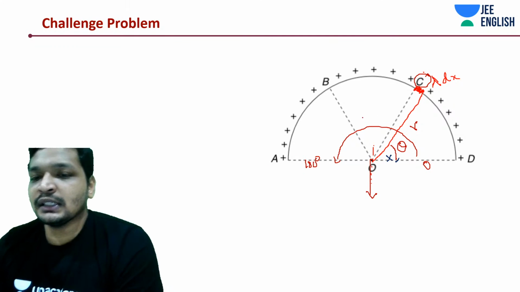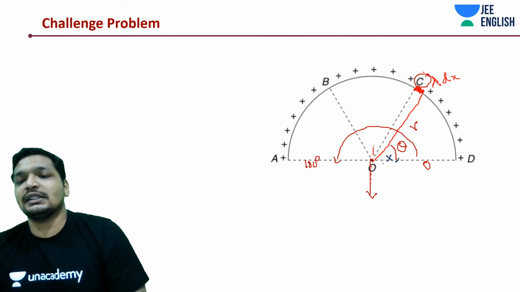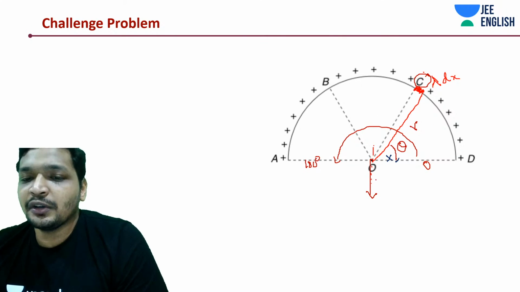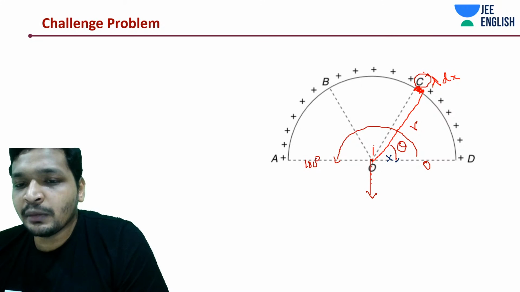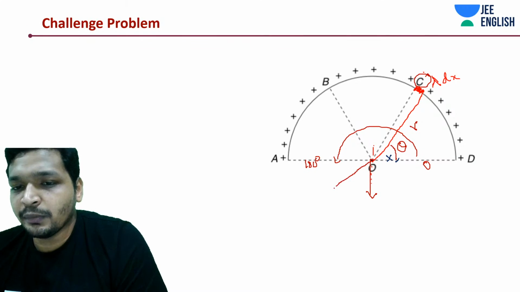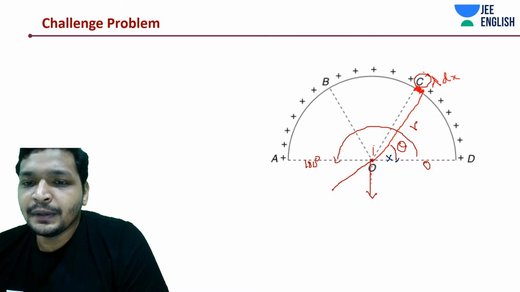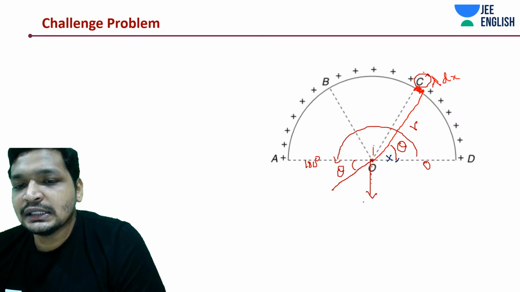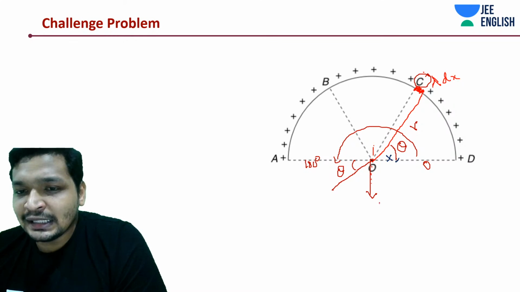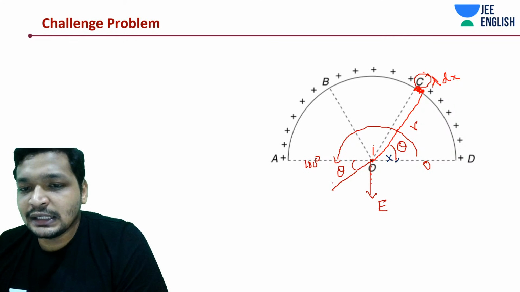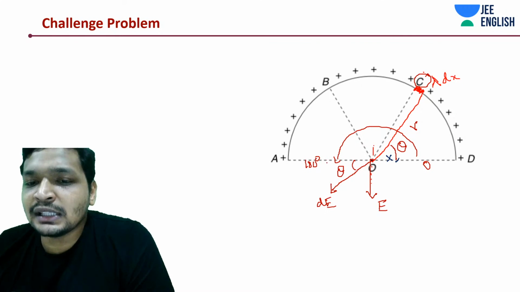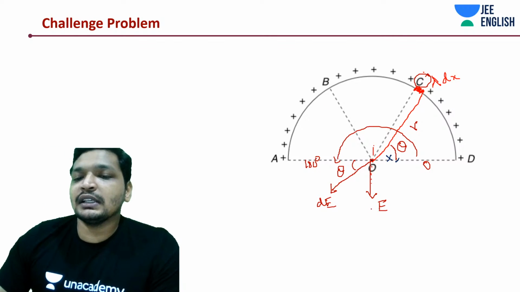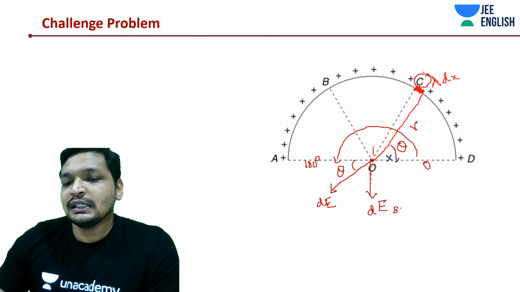Right? Why are we assessing theta? This r is going to be constant, guys. This radius, in the center, is going to be constant, and we are only worried about this downwards component. If this is theta, how much is this? This is also theta. So how much is this? This is sine theta. I'm calling this entire field d, but we know dE cos theta is cancelled out due to a symmetrical element. We are only assessing dE sine theta.